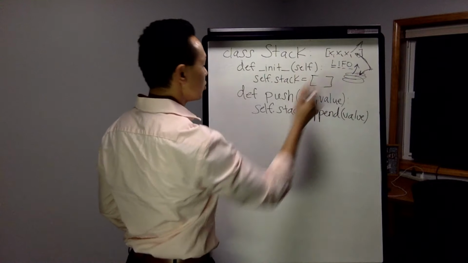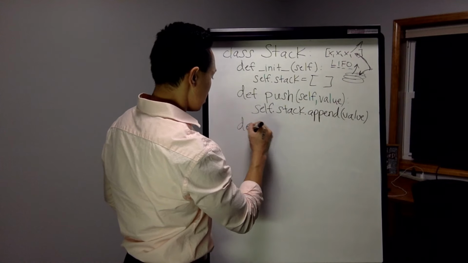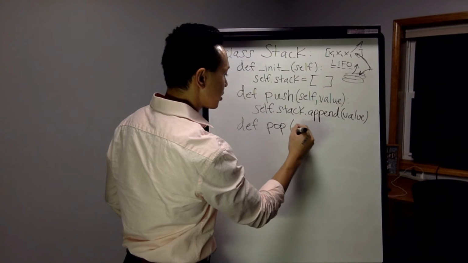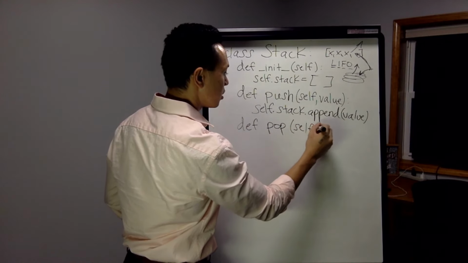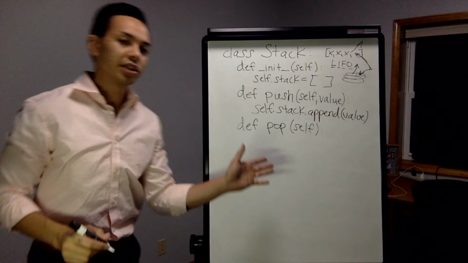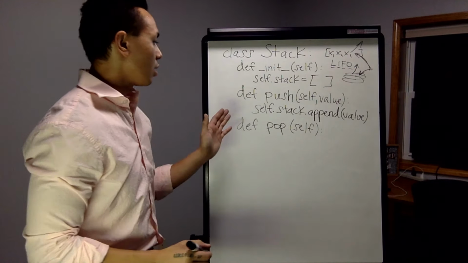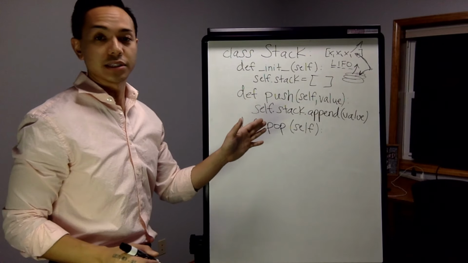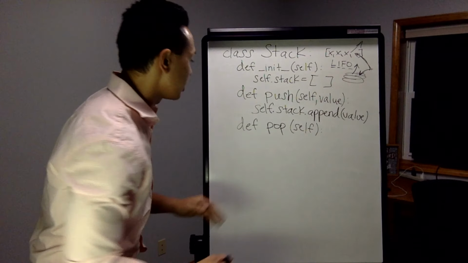We are going to define the pop method, and that's just going to take in one parameter called self. And same as we did with the queue, we need to make sure that the stack is not empty. So we'll need to use the if statement to validate for that.